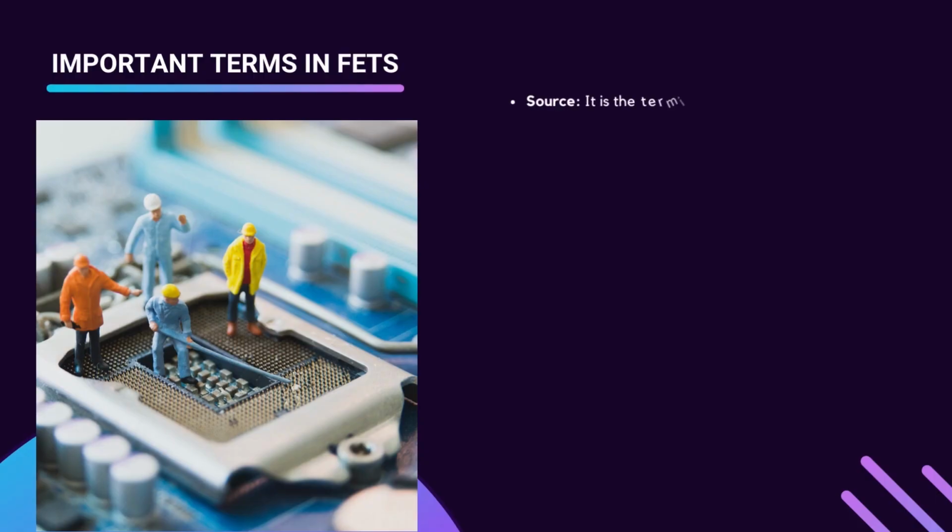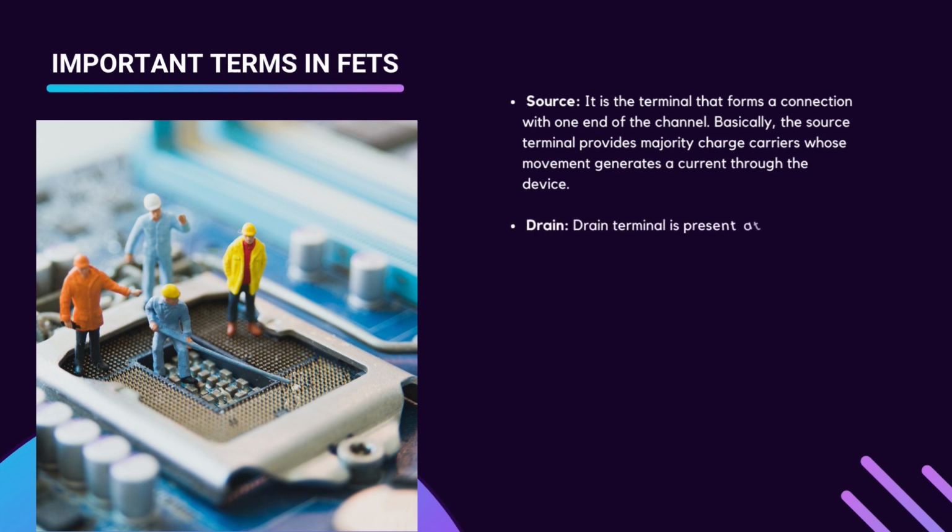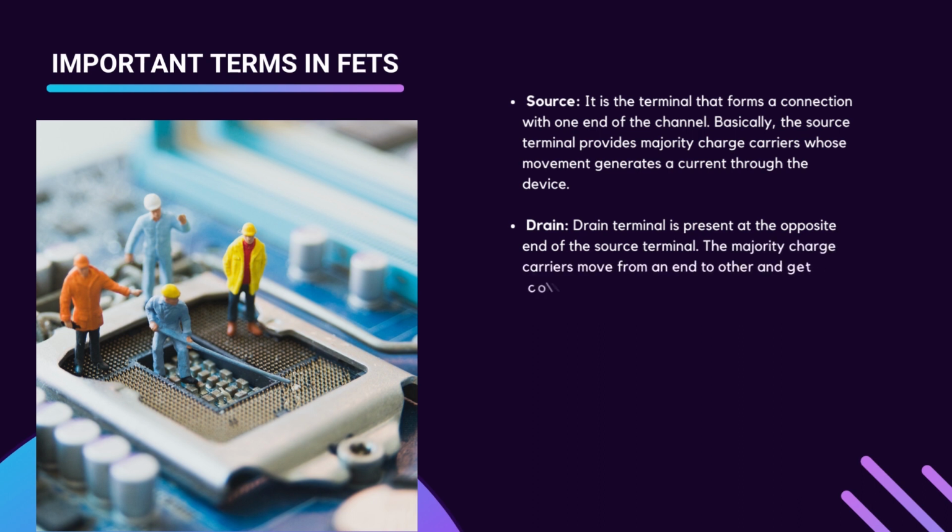So there are a few important terms which should be discussed before going into the operation of field effect transistors. The first one is source. It is the terminal that forms a connection with one end of the channel. Basically, the source terminal provides the majority charge carriers whose movement generates the current through the device. The drain terminal is again an important point in the case of a field effect transistor.